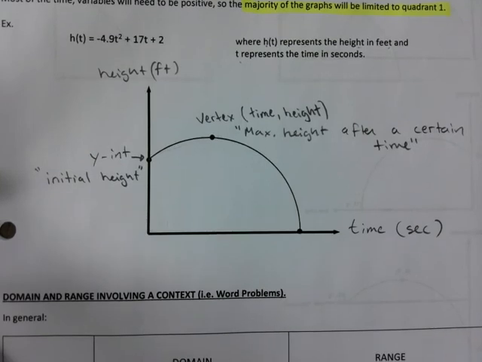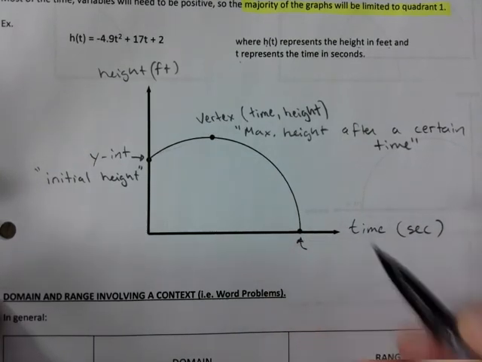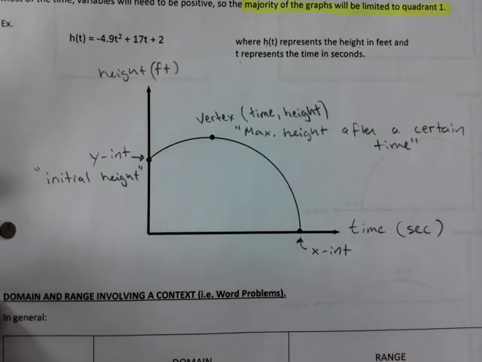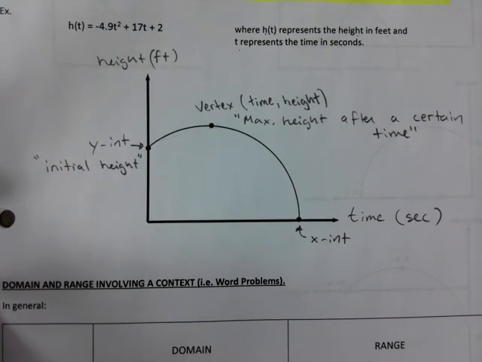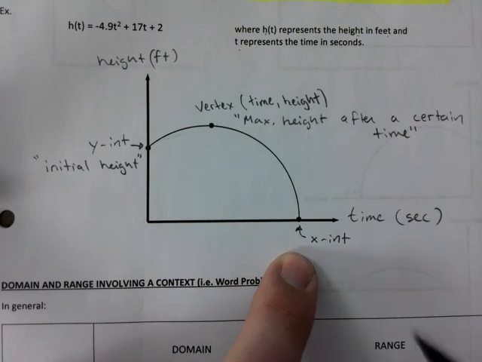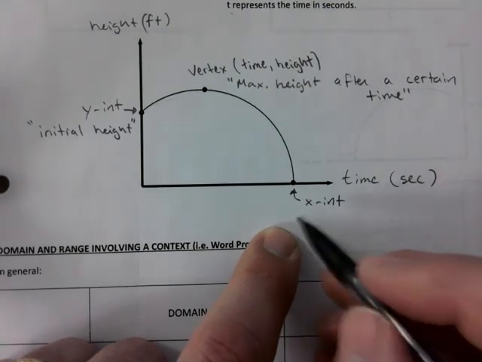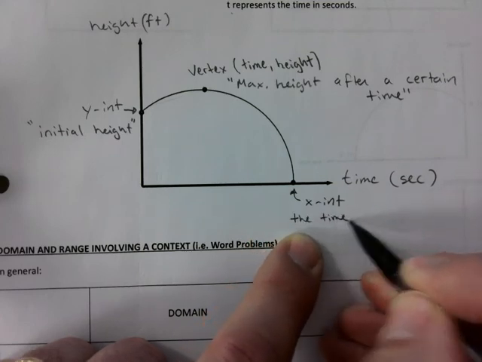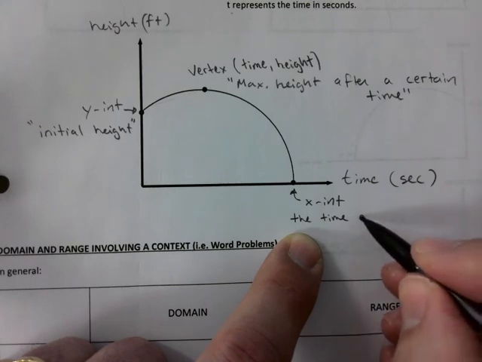So that is that. This point right here, which we normally refer to as the x-intercept, is going to be the time the object remains airborne.